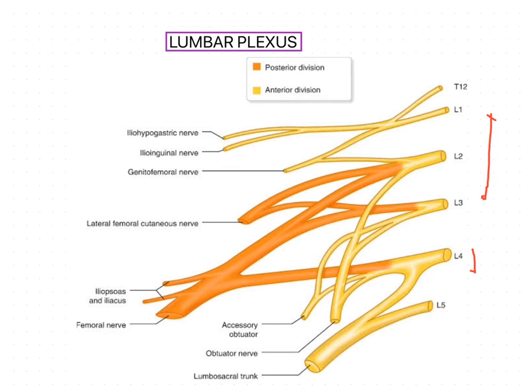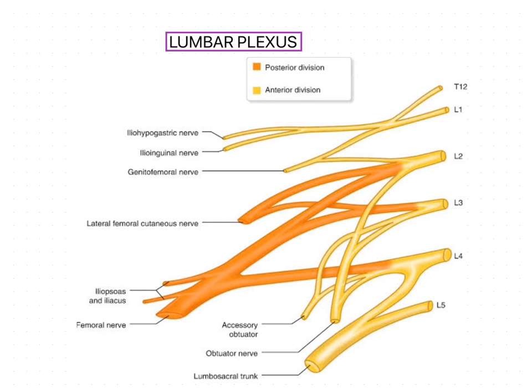Now the mode of formation of this plexus is entirely different from the other plexuses which are present in the human body. Normally if you see in the brachial plexus, we have seen a sequence of how the plexuses are formed.